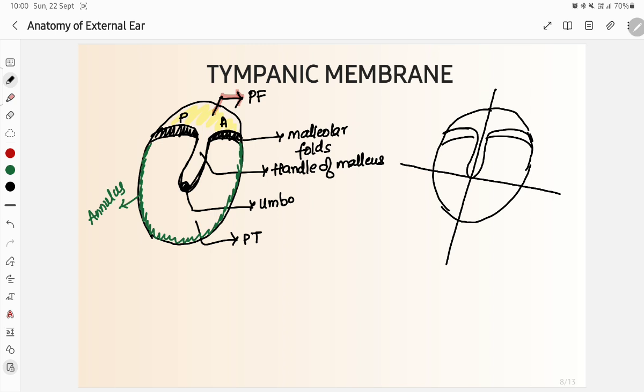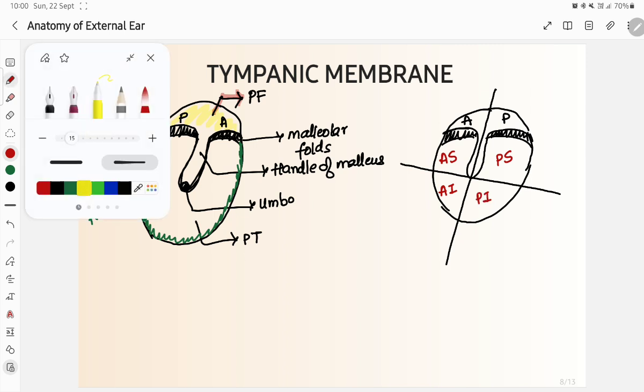Now this divides the tympanic membrane into 4 quadrants. This one is the shorter fold, right? So this is the anterior malleolar fold and this is the posterior malleolar fold. So this is the antero-superior quadrant, this is the antero-inferior quadrant, this is the postero-superior quadrant and this is the postero-inferior quadrant.